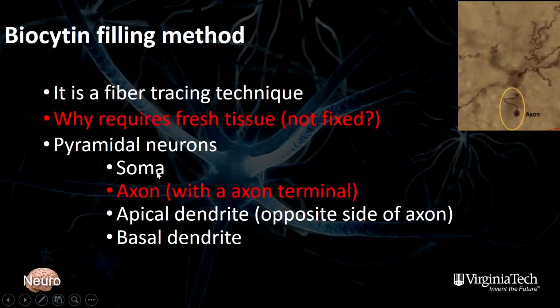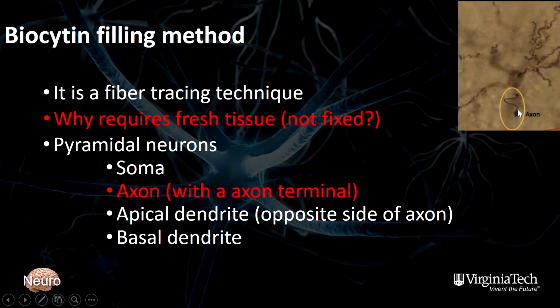And then we are going to identify structures of a biocytin-filled pyramidal cell. So for a pyramidal cell, they all have a soma, and they will have a lot of dendrites, and they will have an axon, and you will be surprised the axon is actually very small.